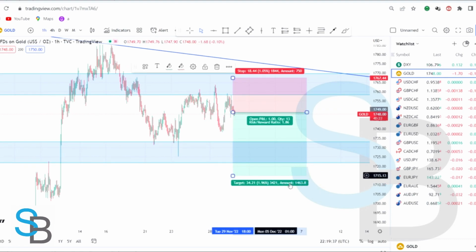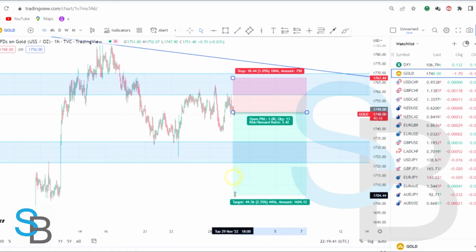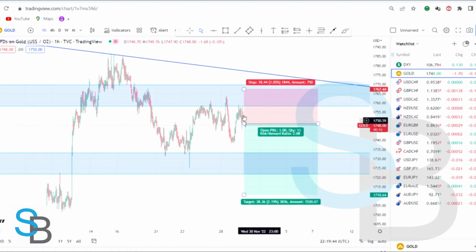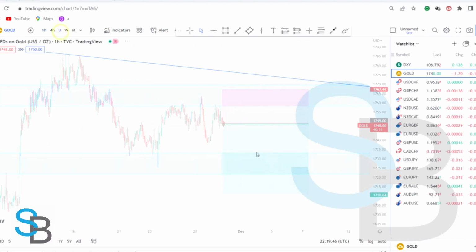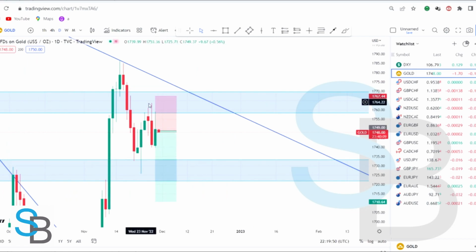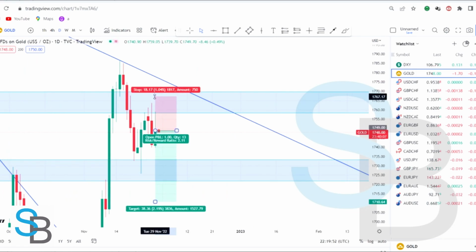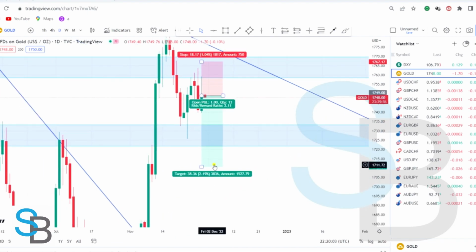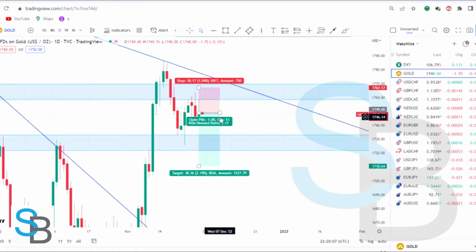And of course, a take profit of 343 pips. So I want to take a sell trade at this point. So I want to have a stop loss of 181 pips and a take profit of maybe 383 pips.